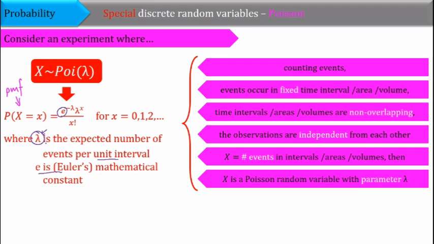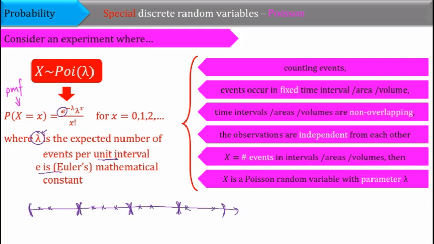Now let me just elaborate on lambda being the expected number of events per unit interval, exactly what that means. Again, consider our timeline, and we will have intervals that do not overlap, first of all. Secondly, they are the same size. So they don't overlap, they're the same size. And we have events occurring inside of them that are independent from each other.